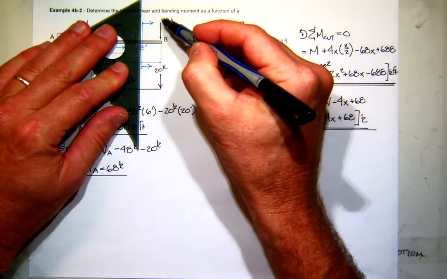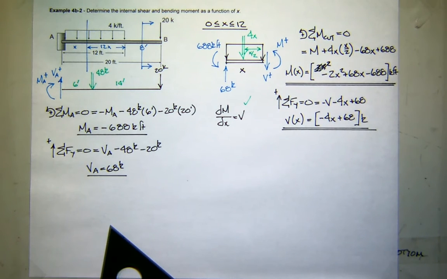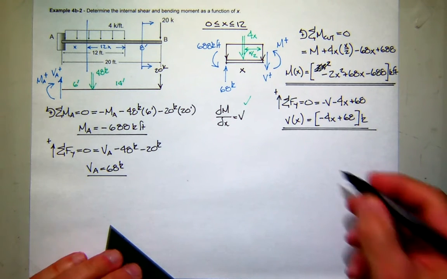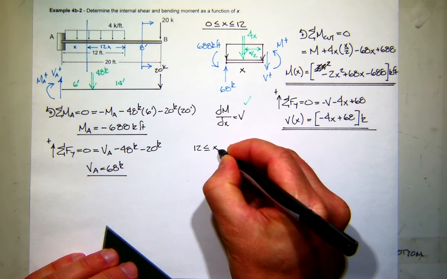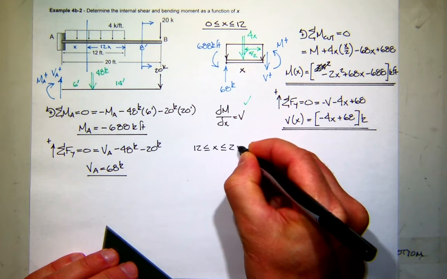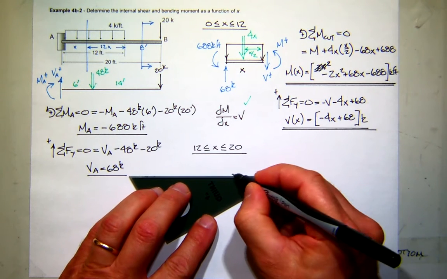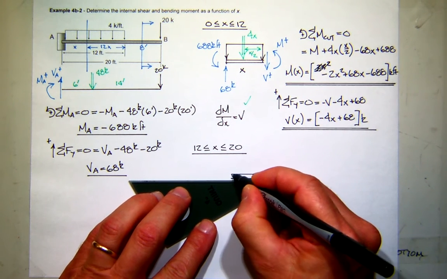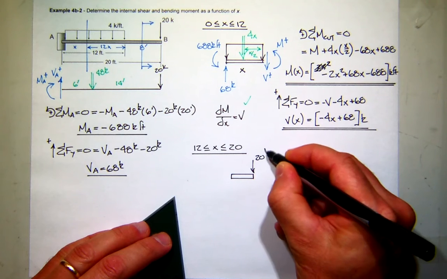Plus, I only have one thing to keep track of. So now, if I look at an equation that's good from x equal 12 to 20, I kind of like to draw it this way. So there's my little stub of my beam with my 20 kip force.